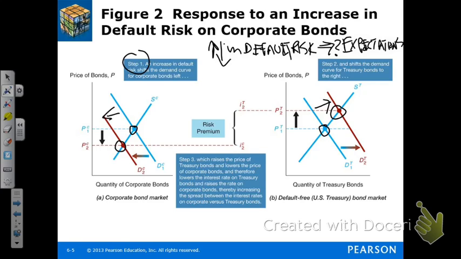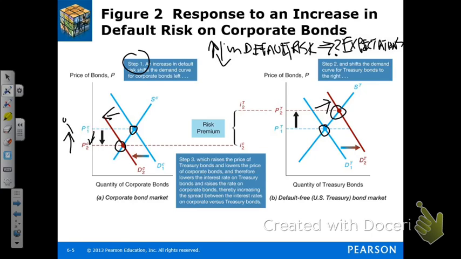So for the more risky bond market, the price on the bond is going to go down. That means the interest rate that you're offering on the bond is going to go up, right? Are we all clear on that?